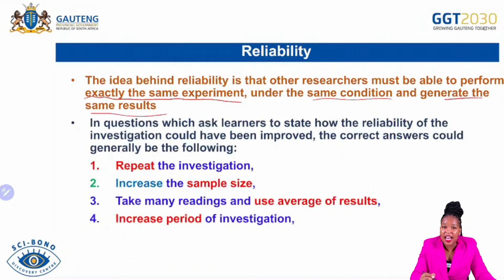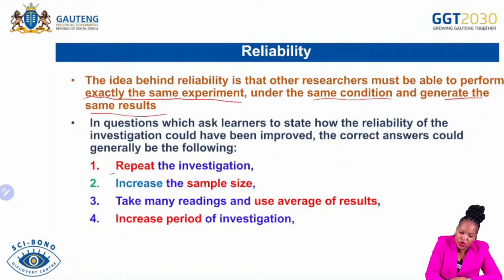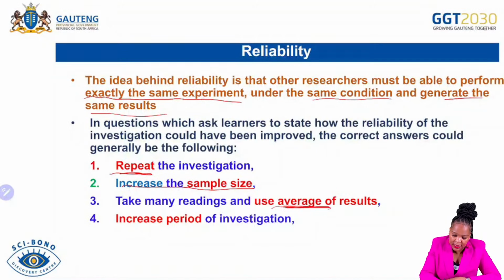So how do you answer? You must increase the period of investigation. Then we can say your investigation is reliable. So please remember those. You repeat the investigation, you increase the sample size, take many readings and use the average of the results, and then also increase the period of investigation.